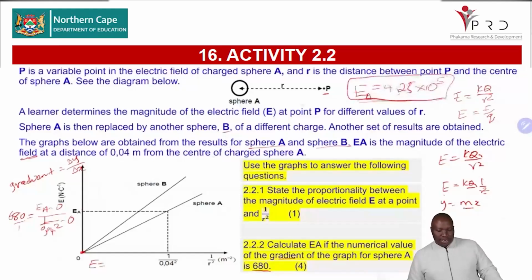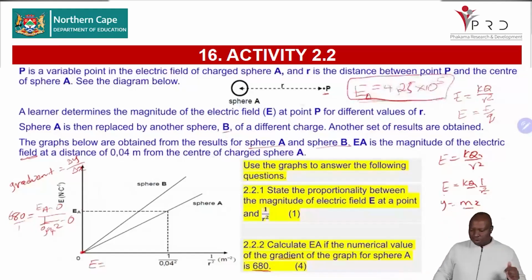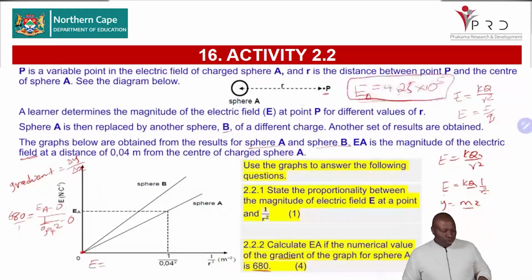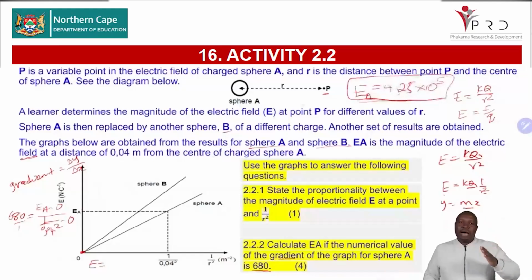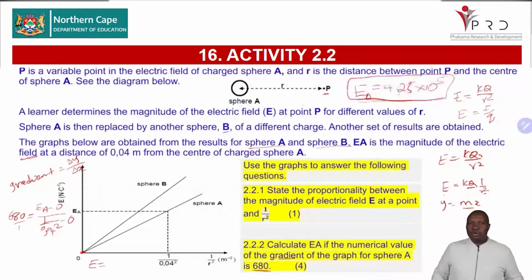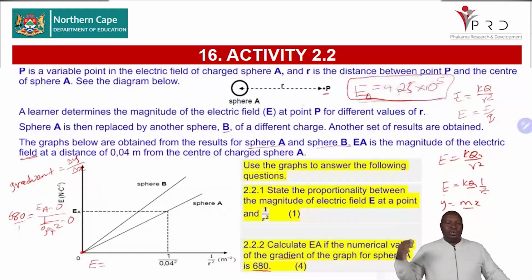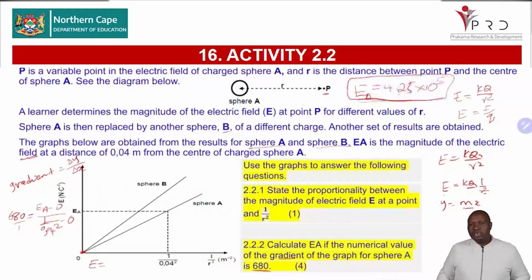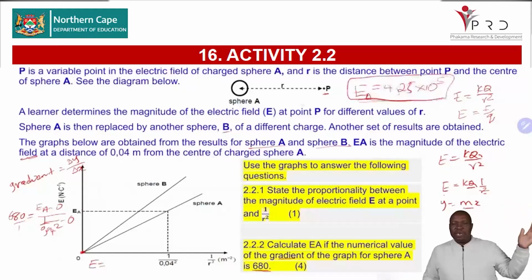So it is important that you have all your skills of understanding of these graphs. Graphs are important. I know you have done rates of reactions. You were talking about the graph, the gradient becoming steeper. When the gradient becomes steeper, what does it mean? When you increase the concentration, you increase the temperature, you increase those factors affecting the rate of reaction, you were saying the graph becomes steeper.